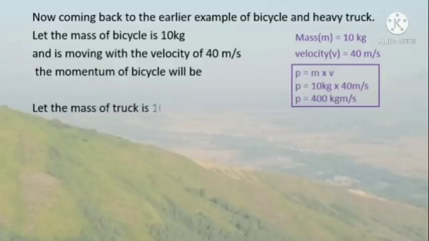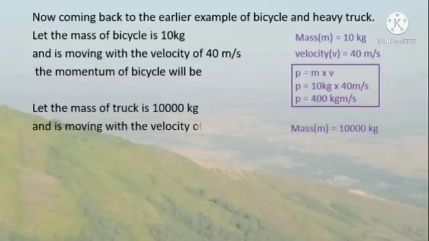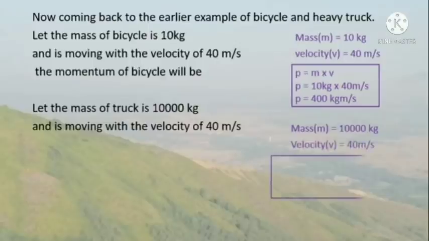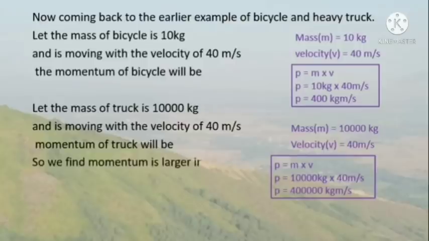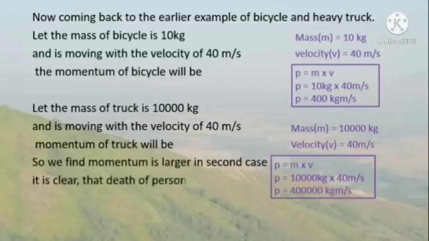Let the mass of the truck be 10,000 kilograms, moving with the velocity of 40 meters per second. The momentum of the truck will be 4 lakh kilogram meter per second. So we find momentum is larger in the second case. It's clear the death of the person is due to larger momentum.